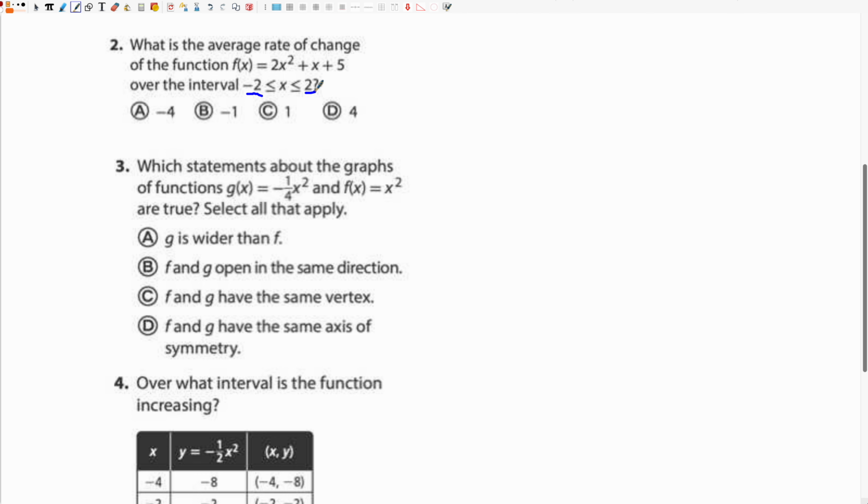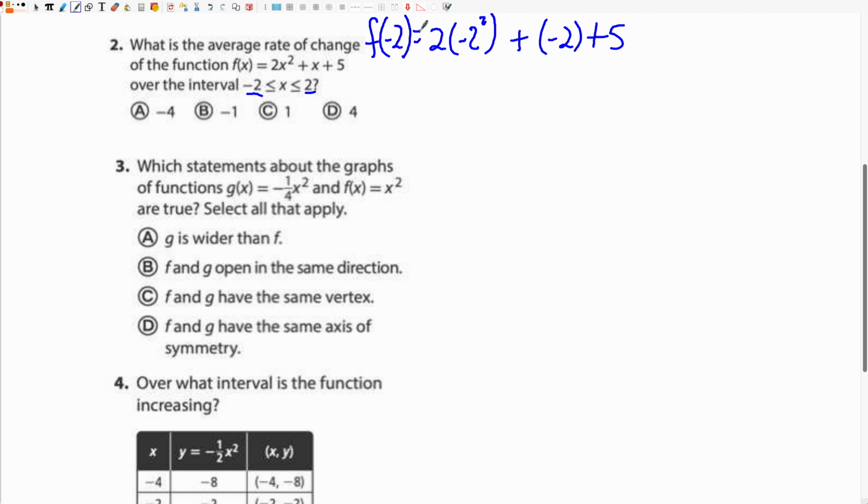So, solve it the first time. We're going to do 2 times -2 squared plus -2 plus 5. And that's going to be f of -2, right? f of -2 equals this.